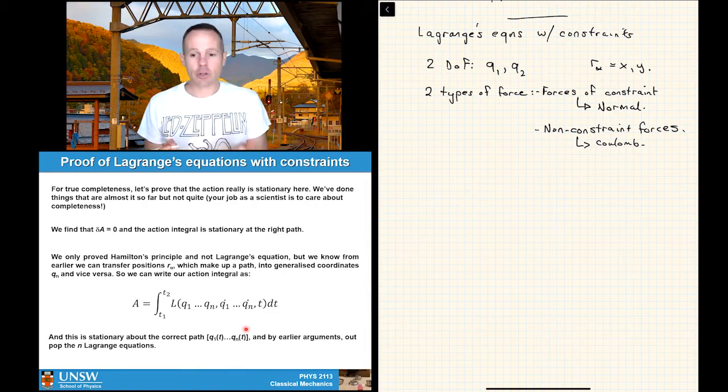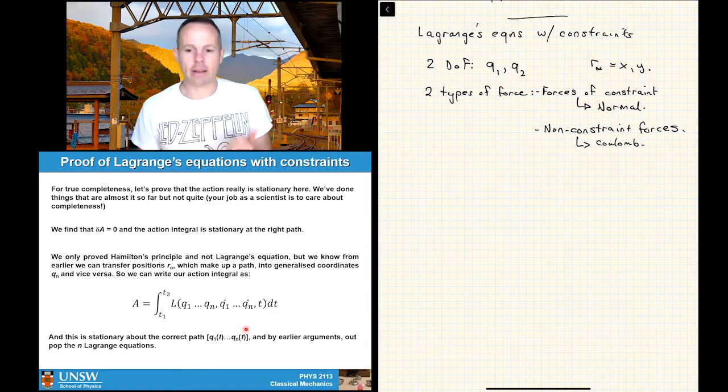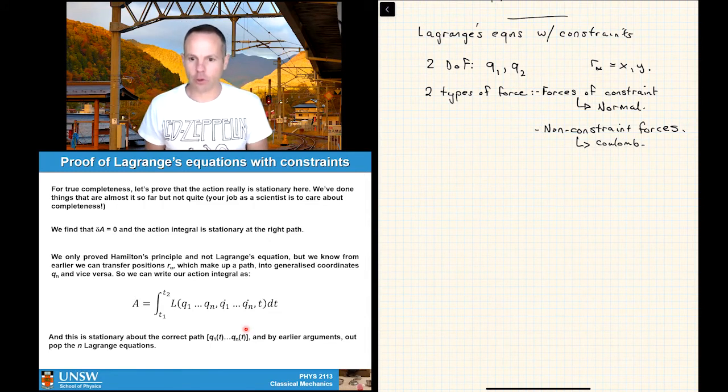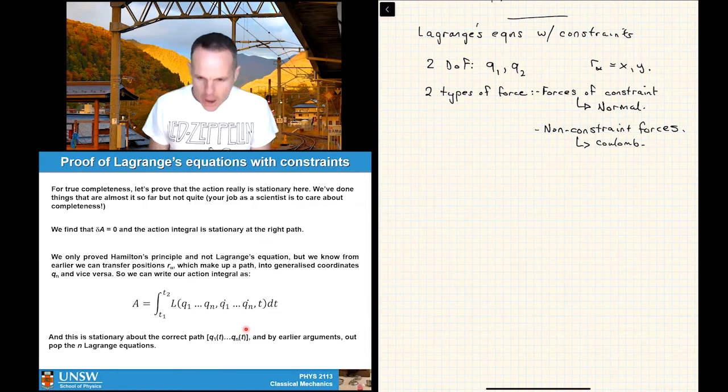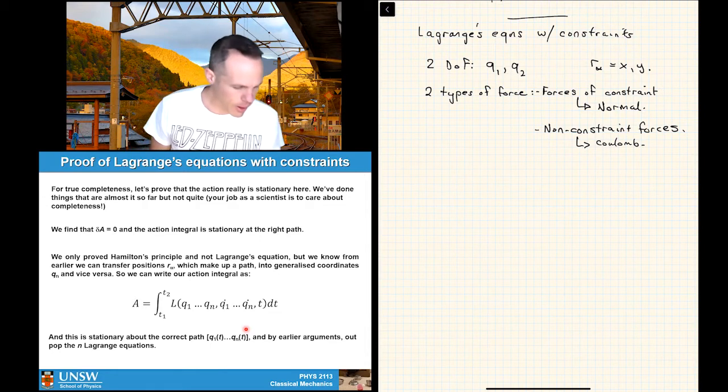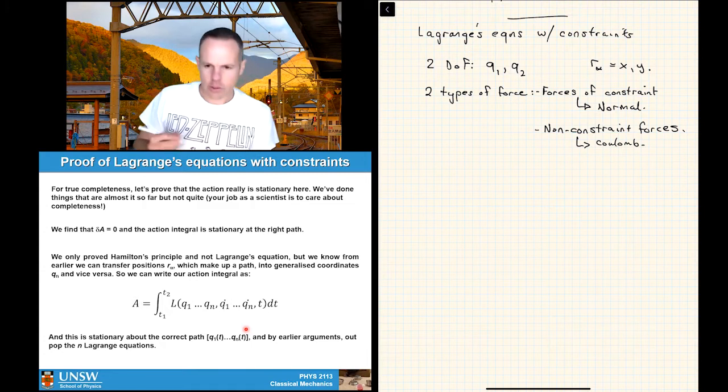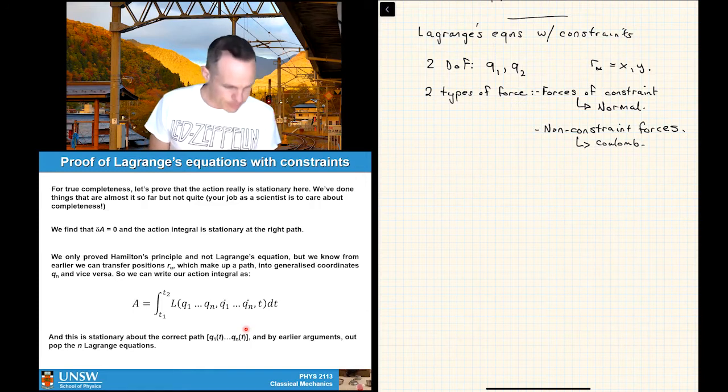There's actually a clever trick to do that. And we'll deal with that one in lecture 10. Okay, I'll show you how to get out your constraint forces for Lagrangian mechanics if you ever want them, right? But here we're going to assume we don't want them because it's the nicest particular case. So it's the non-constraint forces that we care about, and we can assume that those things are conservative, right?